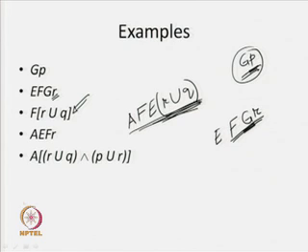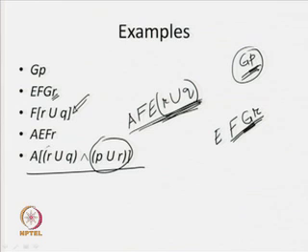With a similar argument, you can say that expression 4 and expression 5 are also not CTL formulas. Apparently you may find that this is a CTL formula, because it is preceded by the path quantifier A. But if you look component-wise, first look at the component P until R. This is a temporal formula, but it is not CTL, because this until is not preceded by any path quantifier.